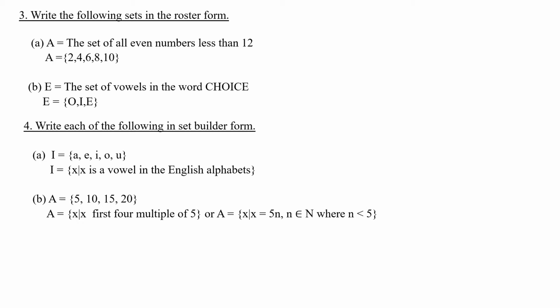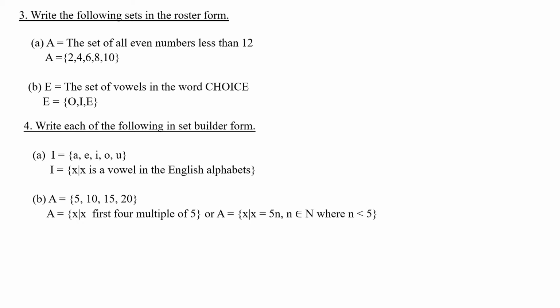You can write in statement form also, or set A equal to open curly bracket X such that X equals 5n and n belongs to natural numbers where n is less than 5. Close the curly bracket. This way you have to write in rule method. Any one you can write.